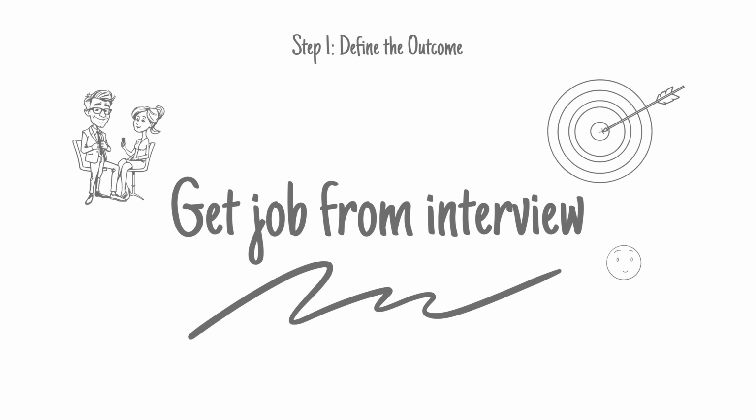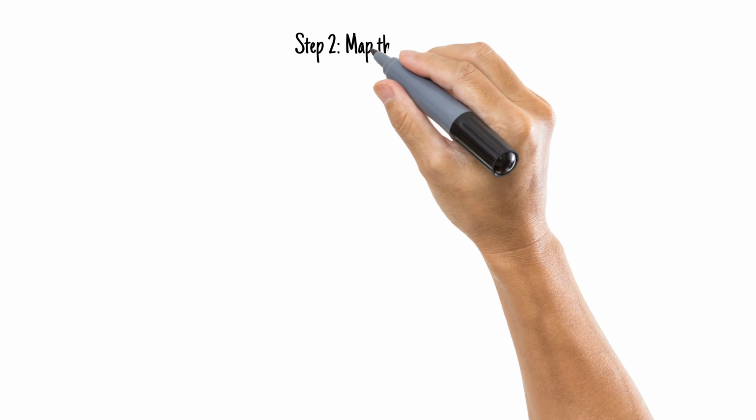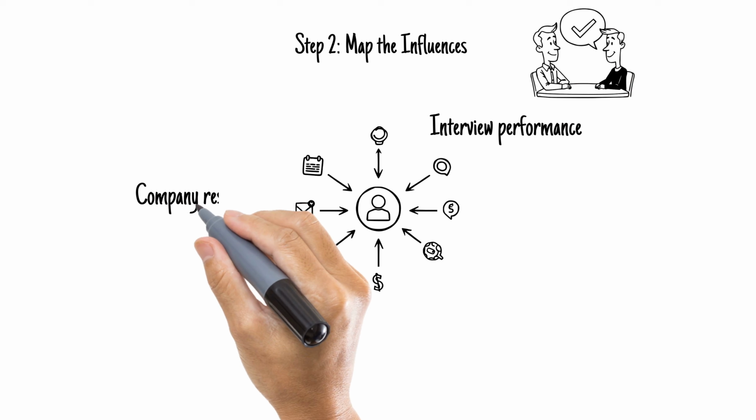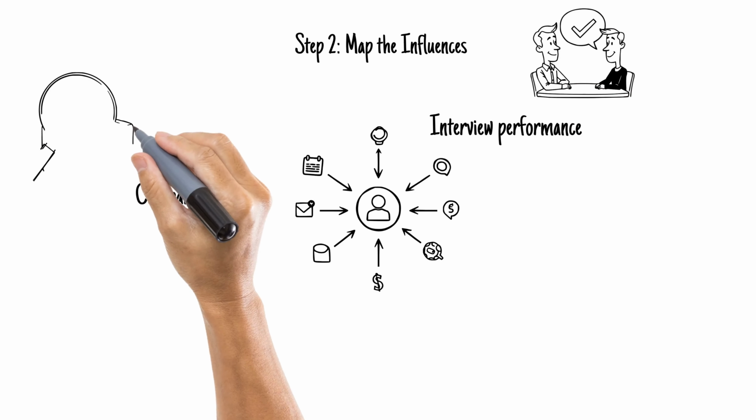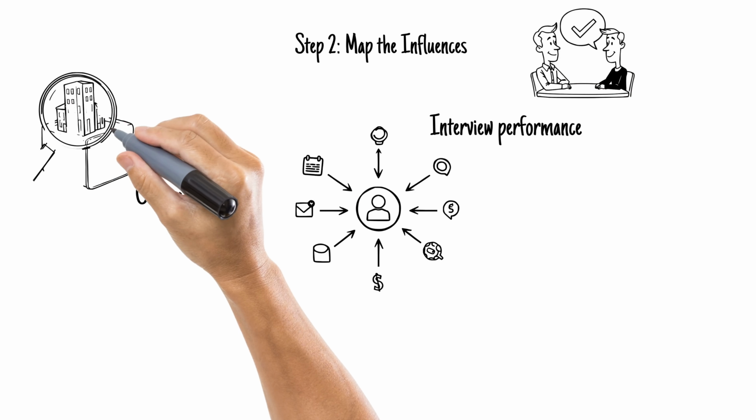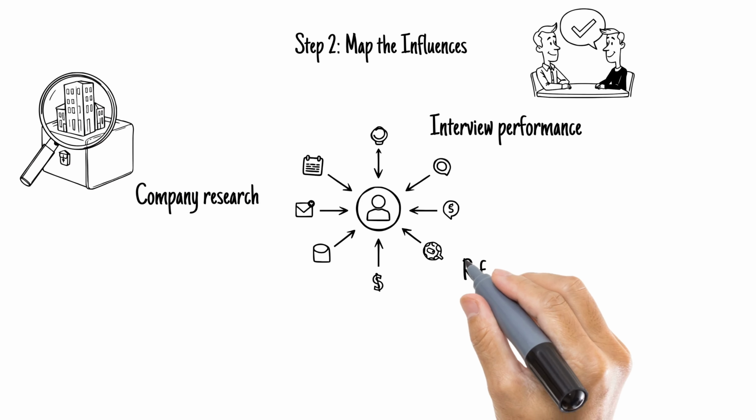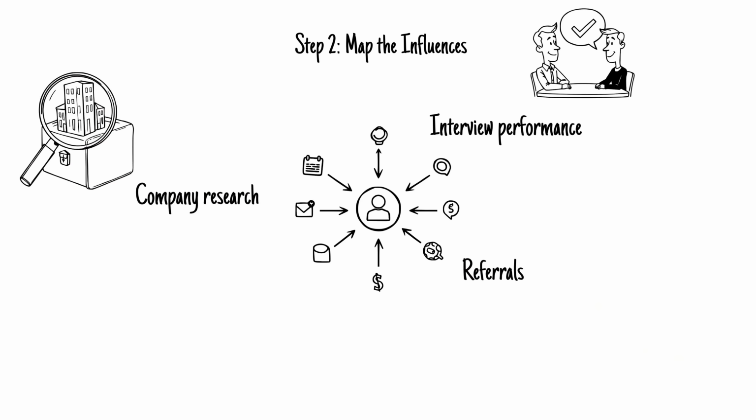So step 2 is mapping the influences. So let's break down all the components of what does a good job interview look like? Well, it starts with interview performance. Do you answer the questions well and effectively? Company research, do you understand what the company has done, what they do, their values, what they care about?